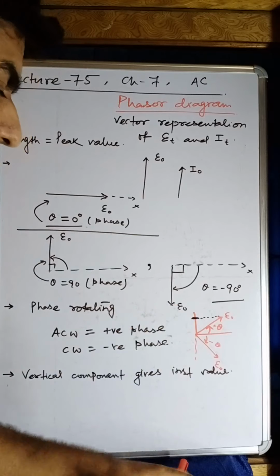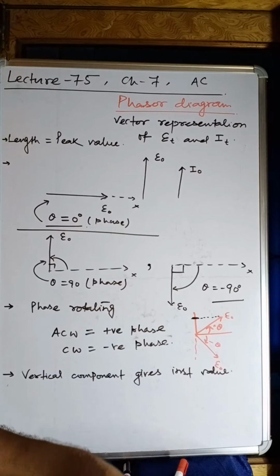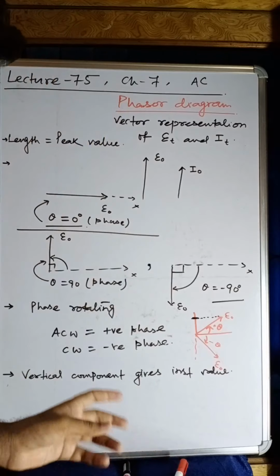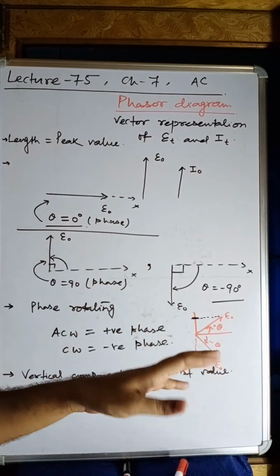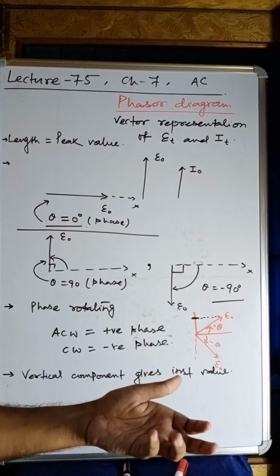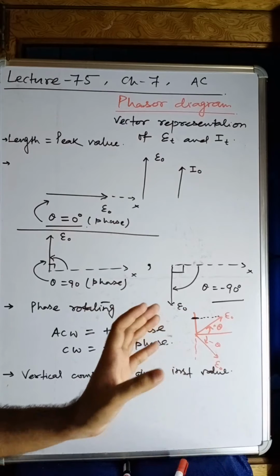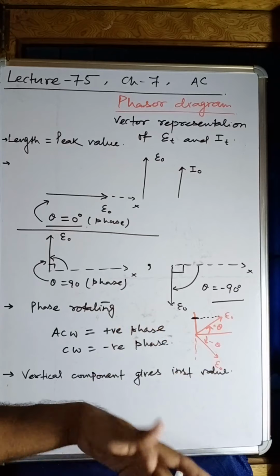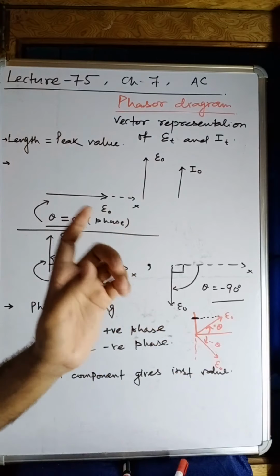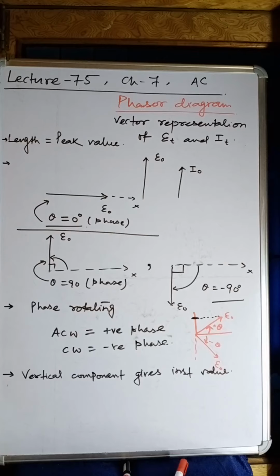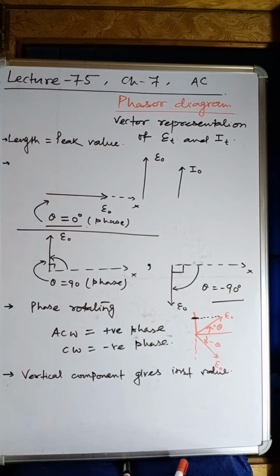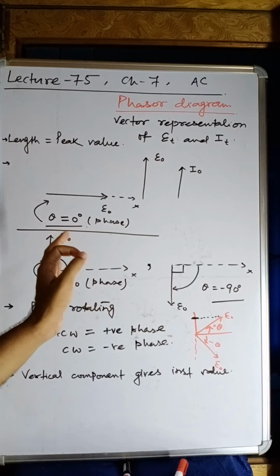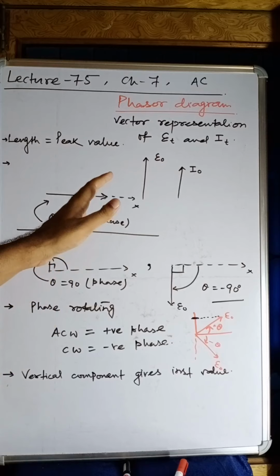Now we will try to understand how to draw the phasor for any circuit. We have studied the resistive circuit already, so we are going to plot the phasor of that resistive circuit. But you have to keep these points in your mind very carefully while drawing phasor diagrams.